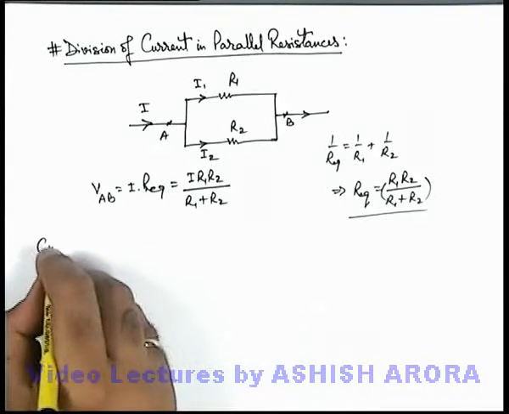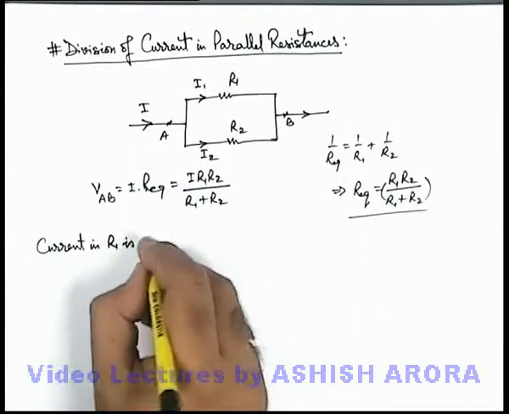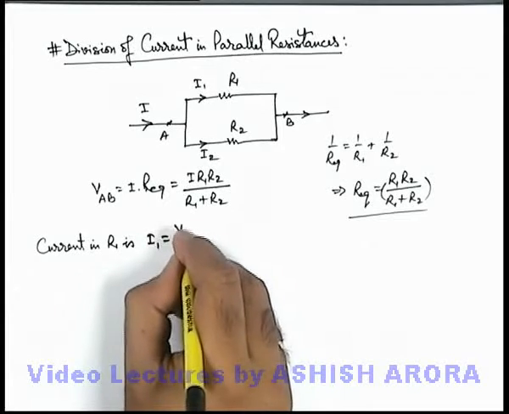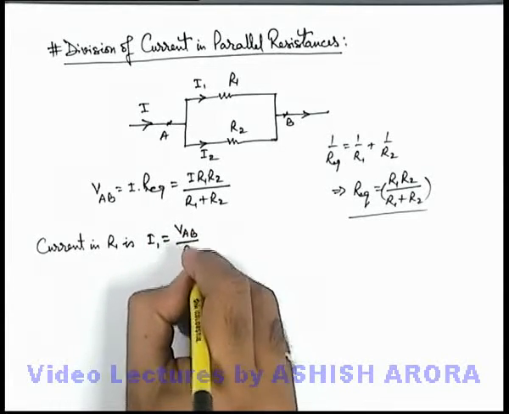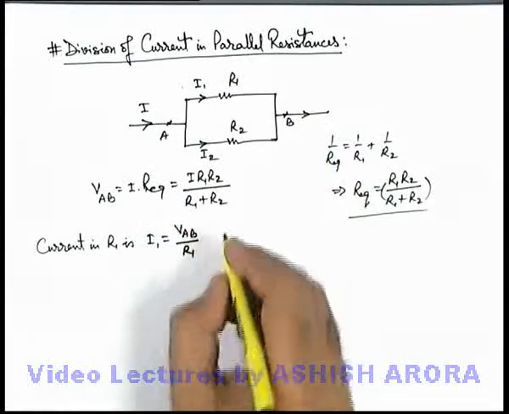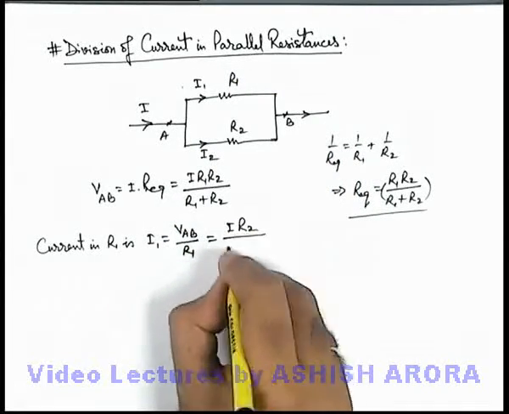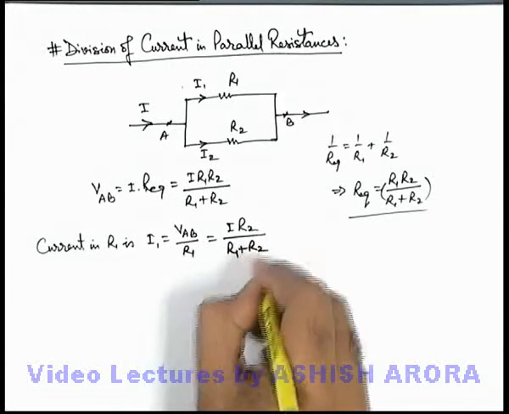We can directly calculate the current in R1, this I1, which can be written as VAB upon R1, according to Ohm's law, the current is potential difference by resistance. So in this situation it can be given as I R2 upon R1 plus R2.